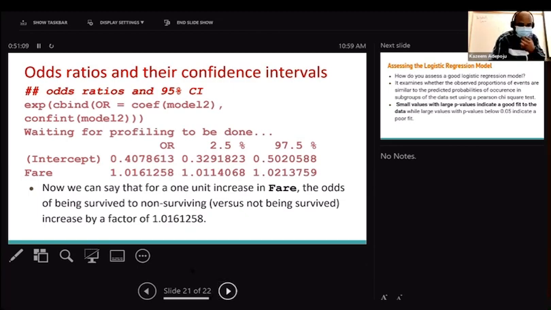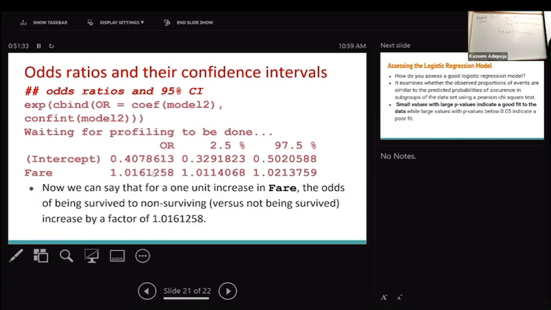That's what you're going to do: exp gives you the odds. Now, how can we interpret this? The odds ratio is 1.0161258. What are we trying to say? We can say that for a 1 unit increase in fare, the odds of surviving to not surviving increased by this.